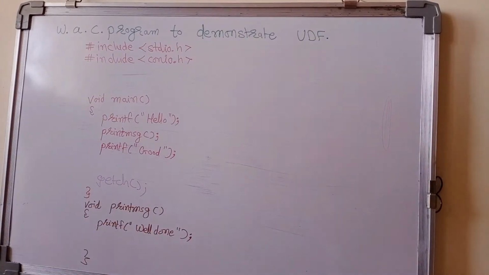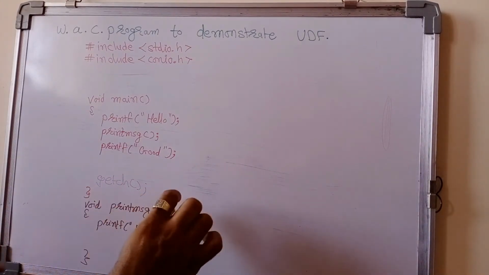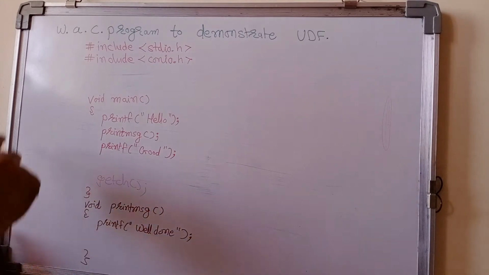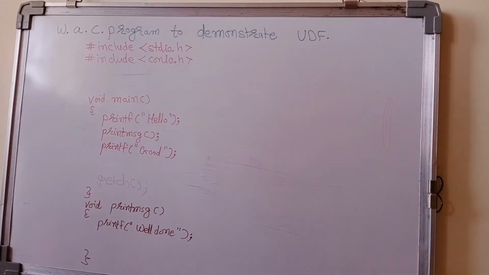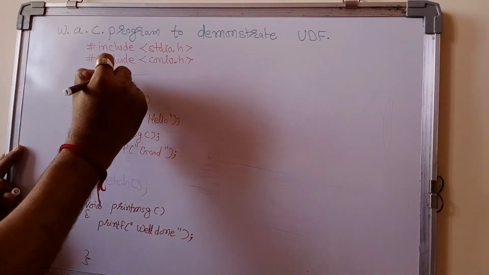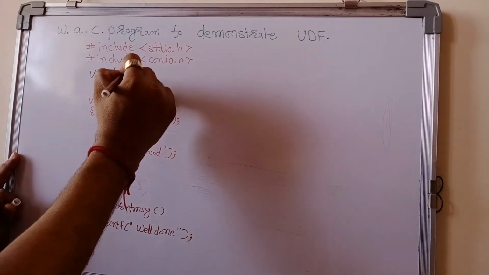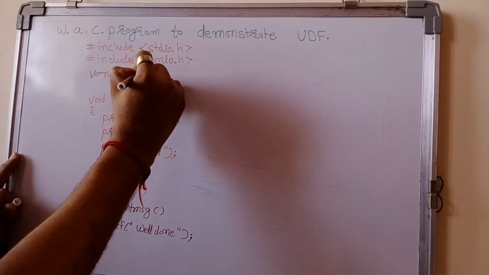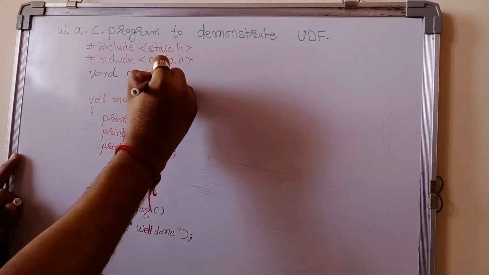Void main is over. Here we need to write this line as function declaration before the void main. So we will write void, function name is printmsg.